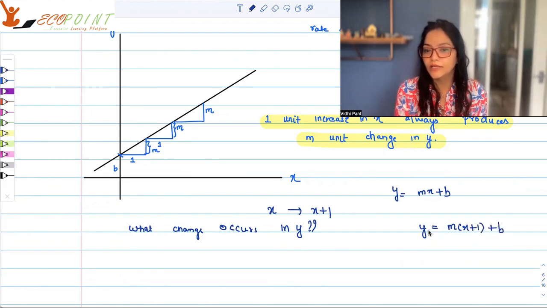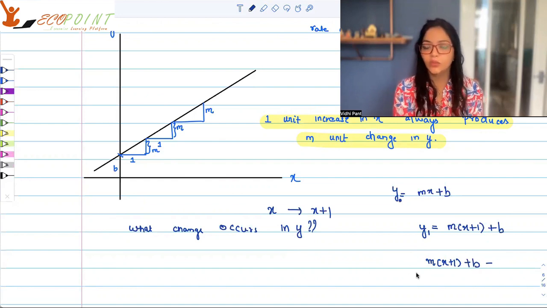So I'm going to quote it as, say, this is y0, then this is y1. So what is the change that is occurring in y with respect to change in x? The new y is this.